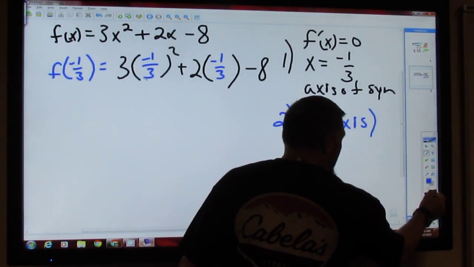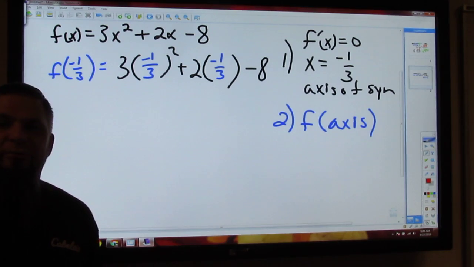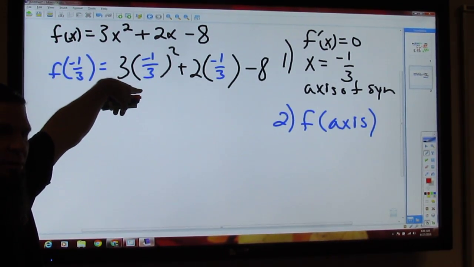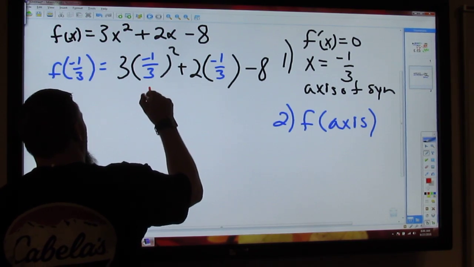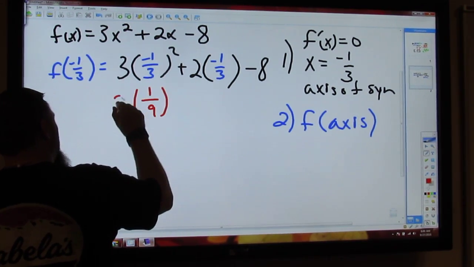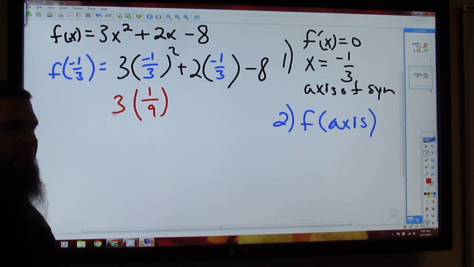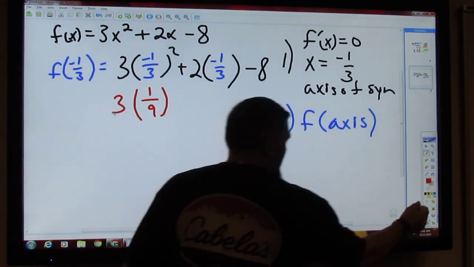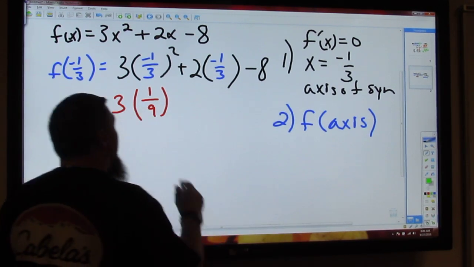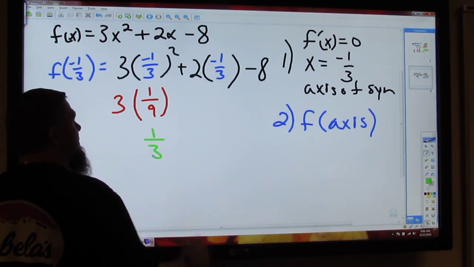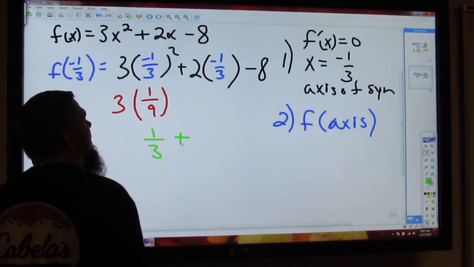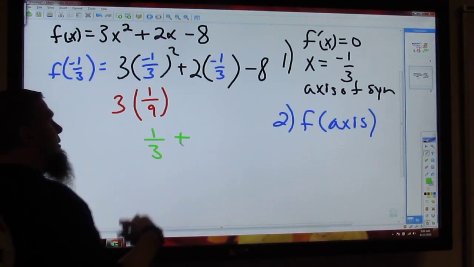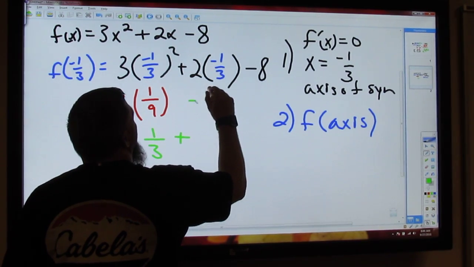Then I find the values. What's negative 1/3 squared? Very good, 1/9. Times 3, 3 goes into 9 three times. And what is 2 times negative 1/3? Very good, negative 2/3.